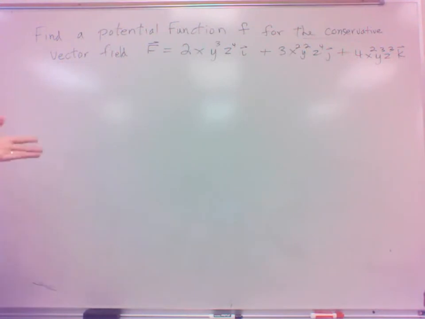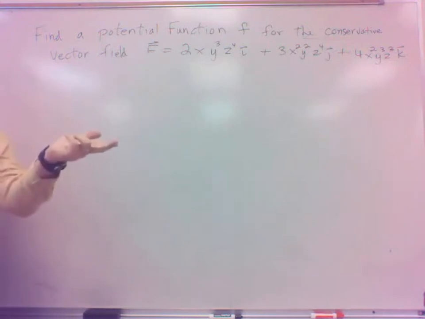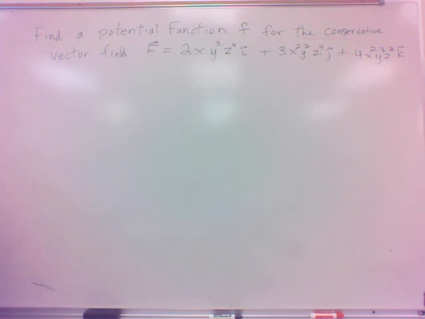You know, the partial with respect to x of this is equal to the partial with respect to y of that. It's in a later section, which I'm not sure we're going to get to, but anyway, that's how you do it. In 2 dimensions, you just have one partial derivative equals another partial derivative. If that's true, you got it. There's 3 that have to be the case for a 3-dimensional.